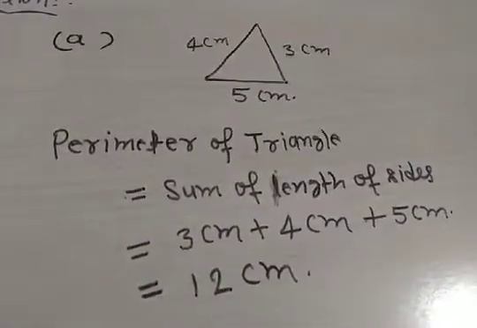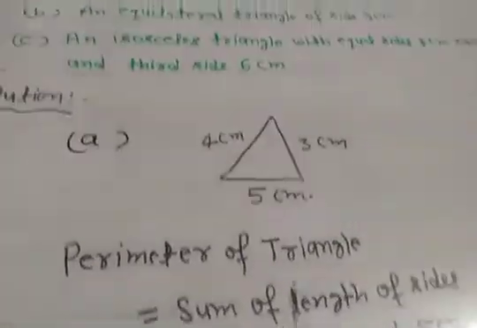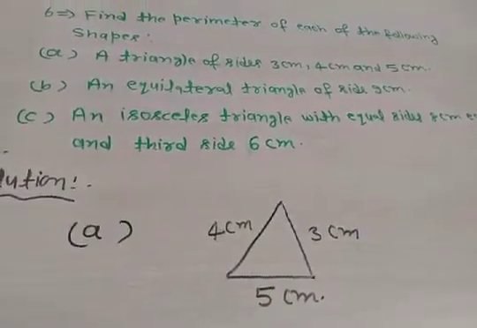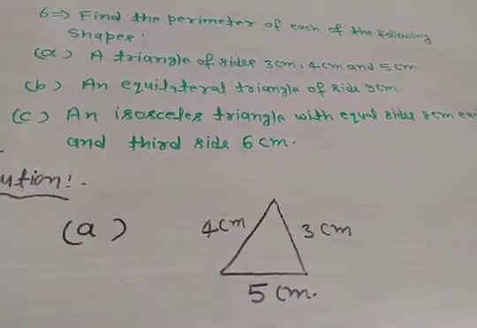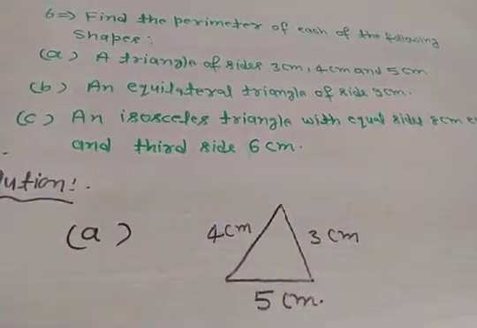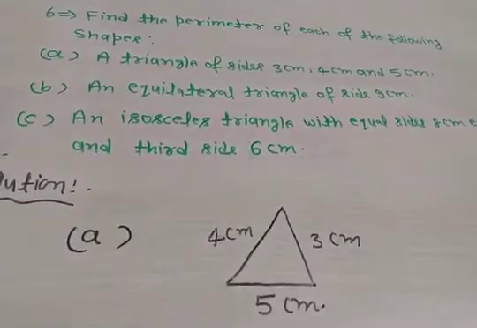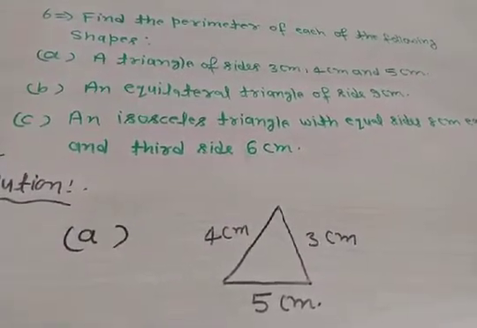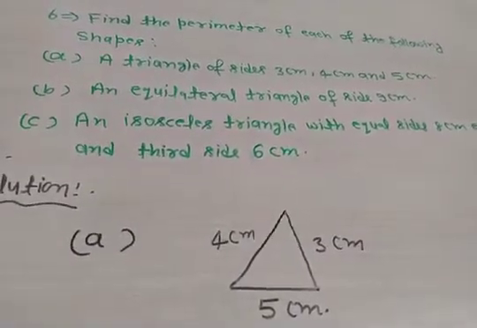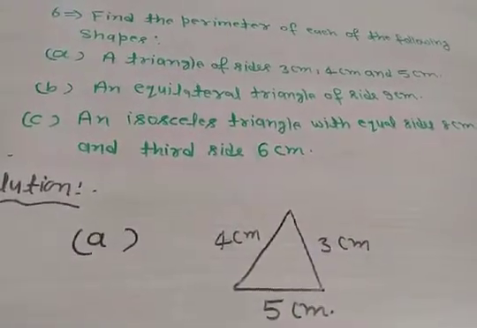Now, part B. Part B is an equilateral triangle of side 9 centimeter. In an equilateral triangle, 3 sides are equal. So we find its perimeter: 9 plus 9 plus 9, or 3 into the length of side.